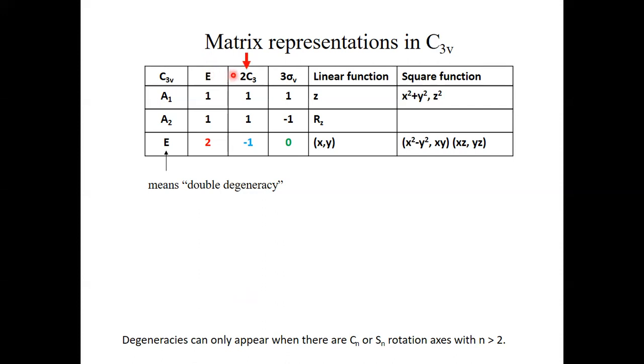So we see here the column for the C3 symmetry operations. Note that we have now two symmetry operations in this column, the C31 and the C32, because these are conjugate. We can also now get a better understanding of what conjugate means from a more mathematical standpoint.